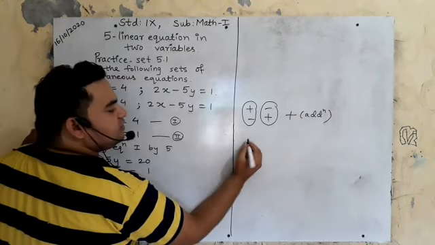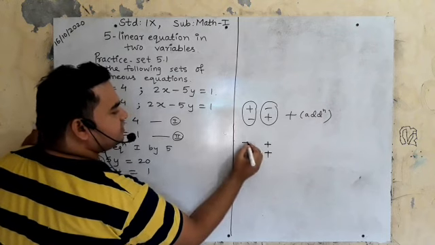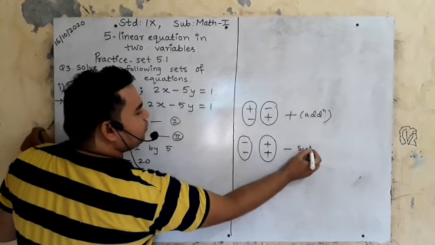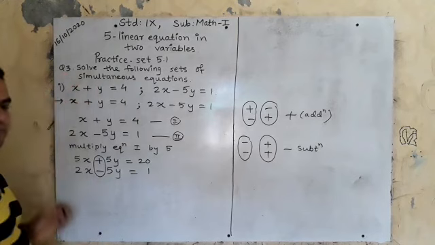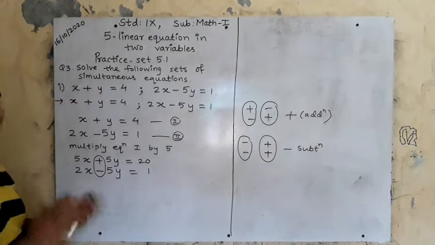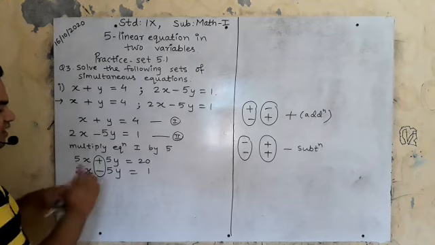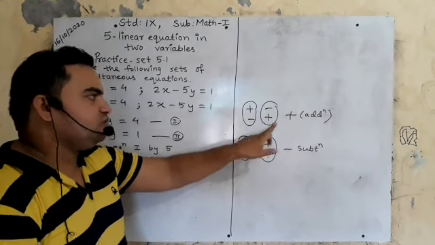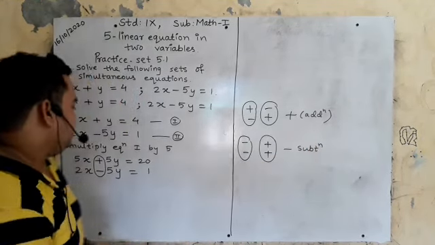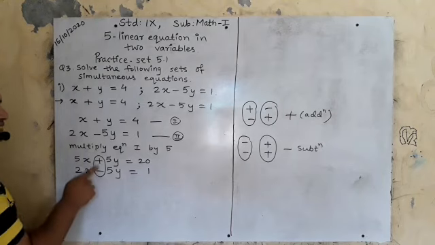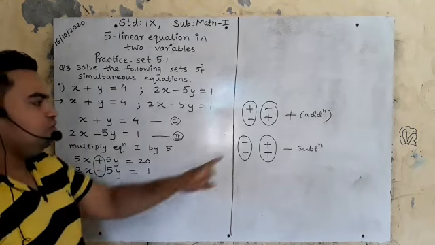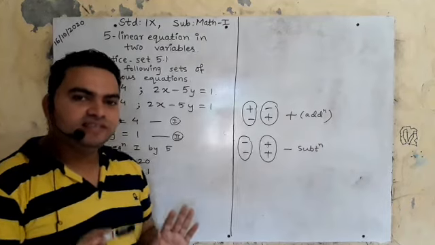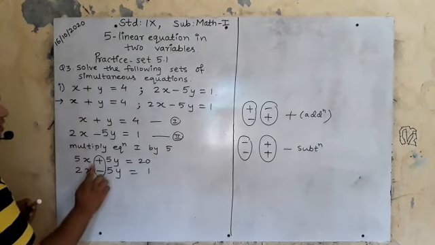If you see the same signs, if both are negative or both are positive, you will do subtraction only. I repeat: if you want to eliminate a variable and its signs are opposite, you will do addition. If you want to eliminate the y variable and both signs are the same, both minus or both plus, you will do subtraction only. Is it clear?